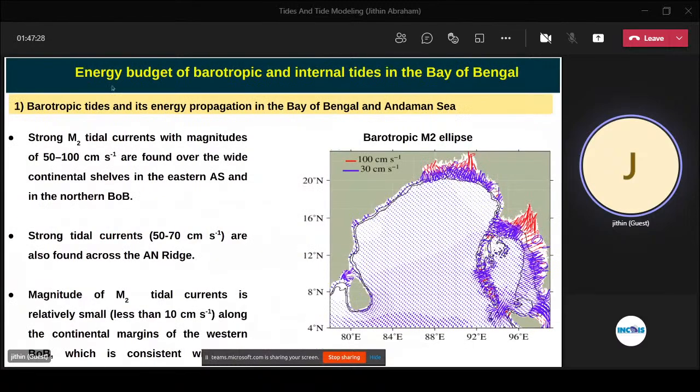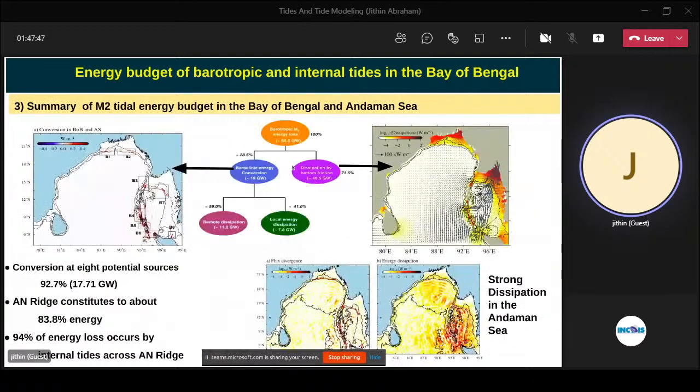The energy budget was also estimated in the Bay of Bengal using numerical models. This shows that about 90 gigawatts, about 28.5% of the internal tides in this area, is converted to internal waves, and all these waves result in strong dissipation in the entire Andaman Sea because of internal tide breaking.